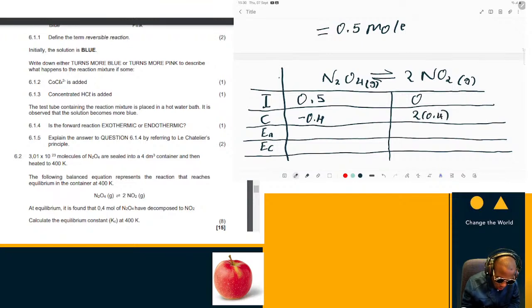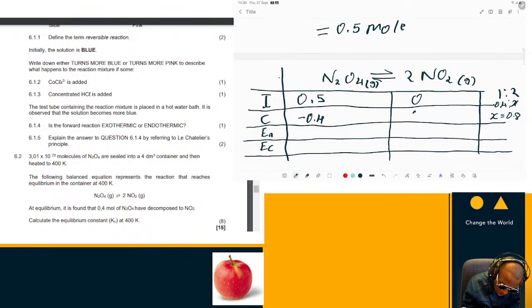You should have been using the ratios. 1 is to 2, and we have 0.4 of N2O4. So now we calculate the change of NO2: X is equal to 0.4 times 2, which is 0.8.